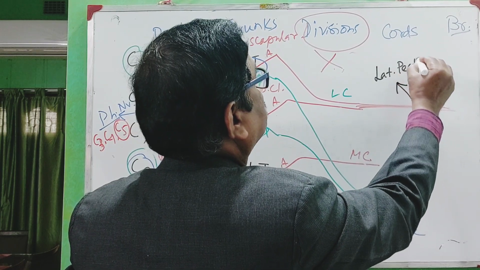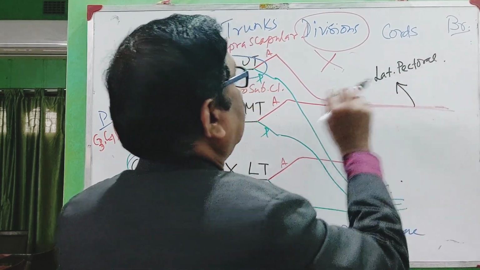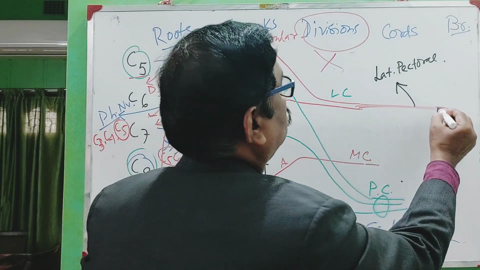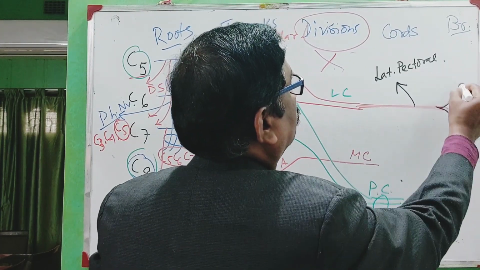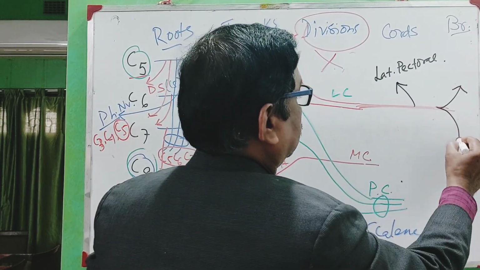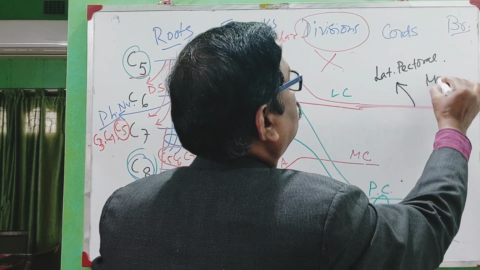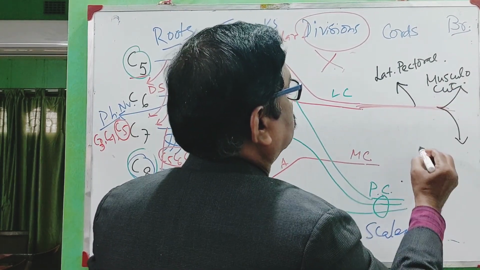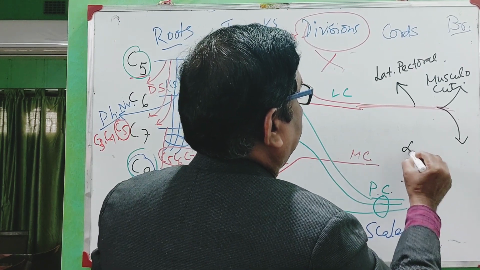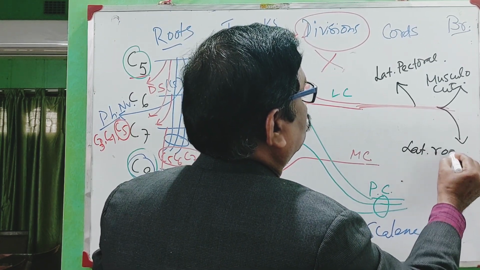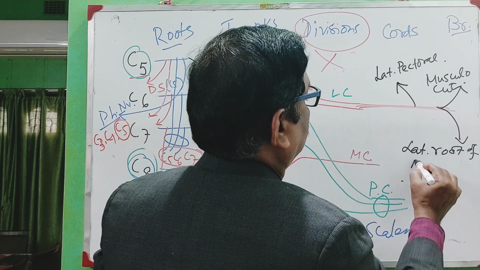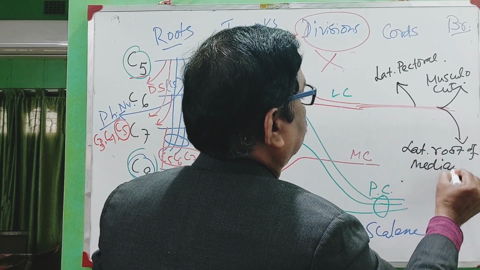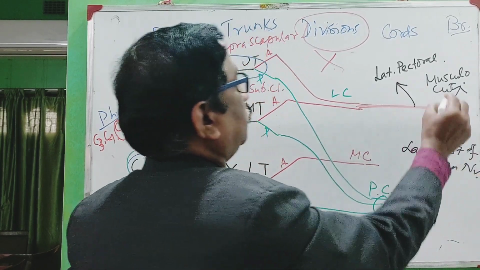It is the first branch of the lateral cord, and the 2 terminal branches, one branch is called musculocutaneous and another branch called lateral root of median nerve. So, three branches.